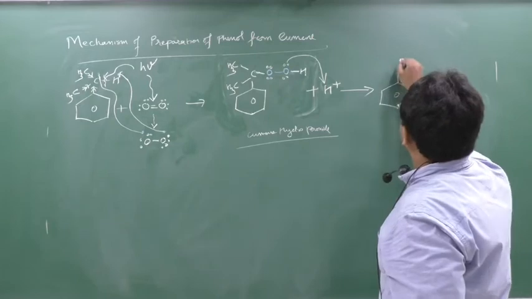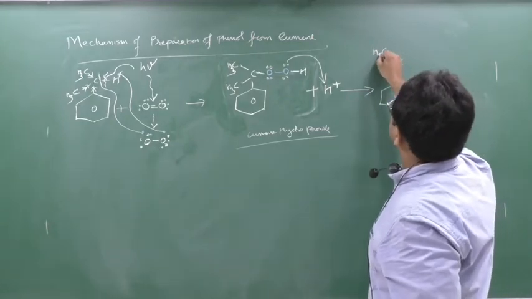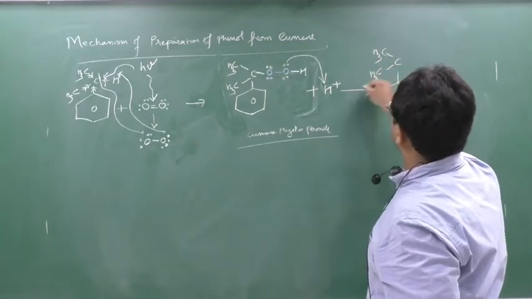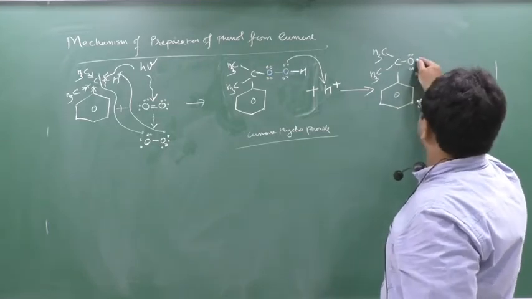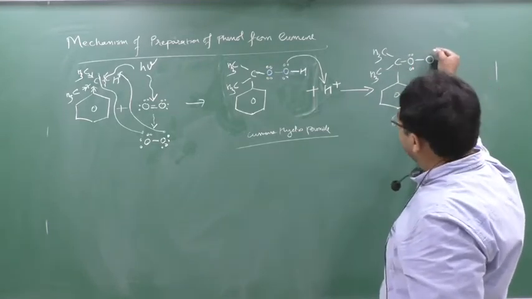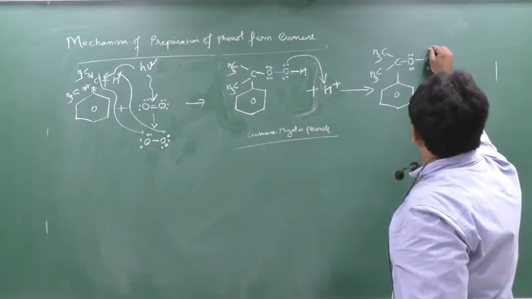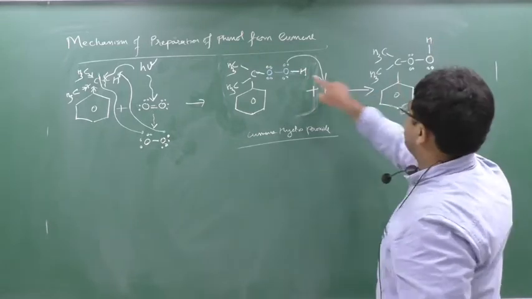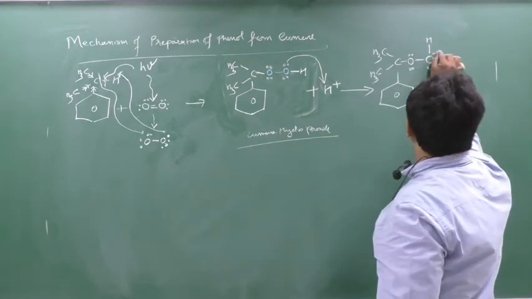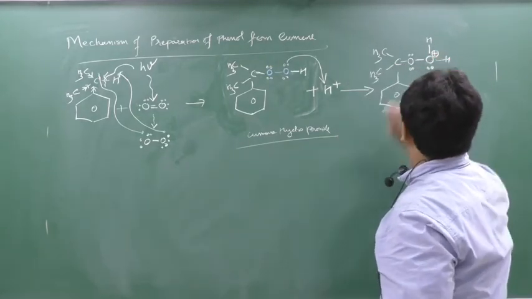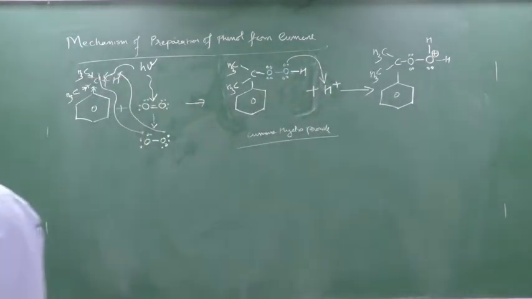So the ring carbon, there is CH3 here, there is CH3 here, there is oxygen here, which has two lone pairs. Out of the two lone pairs, one lone pair is donated to this hydrogen, and there was previously one hydrogen. The one who donates the electron creates a positive charge. Now this oxygen will carry a positive charge. We have done this many times.